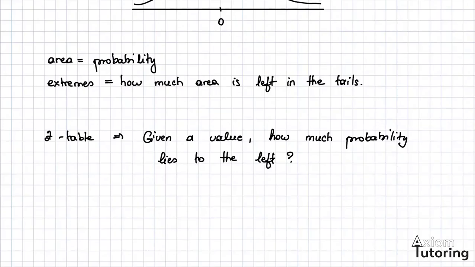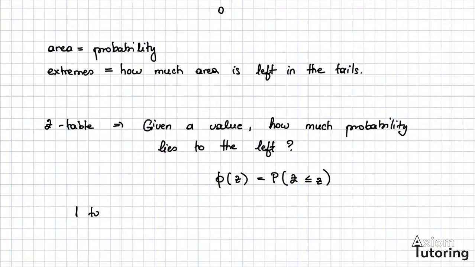And keep in mind, one of the reasons why we wrote the phi of z, for instance, as being the probability of some z smaller or equal to a particular value was exactly because we were looking at that probability to the left, okay, so smaller. So the standard normal distribution is actually fixed, and one table works for everything.